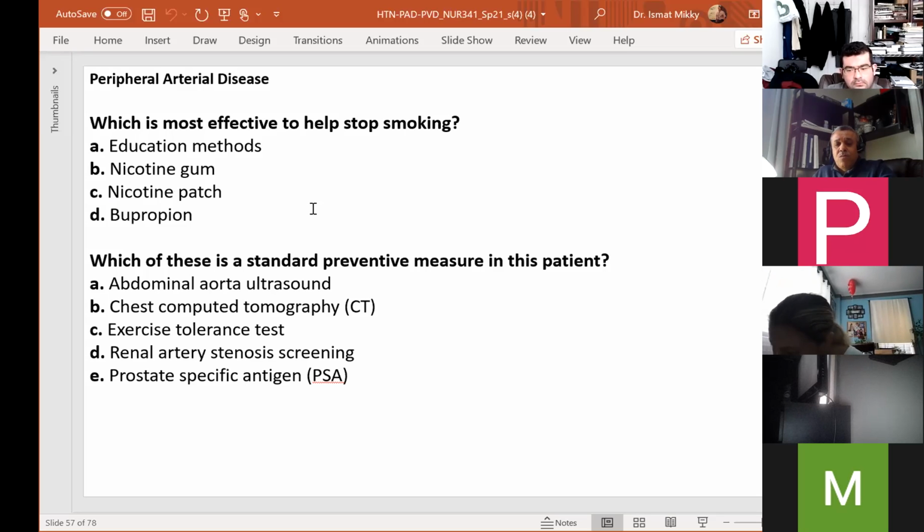The next question is, Dr. Mickey, before we move on, for the one previous to this one, it was statin, right? Statin, yes. And then the other one was A, thrombin inhibition. Which one?